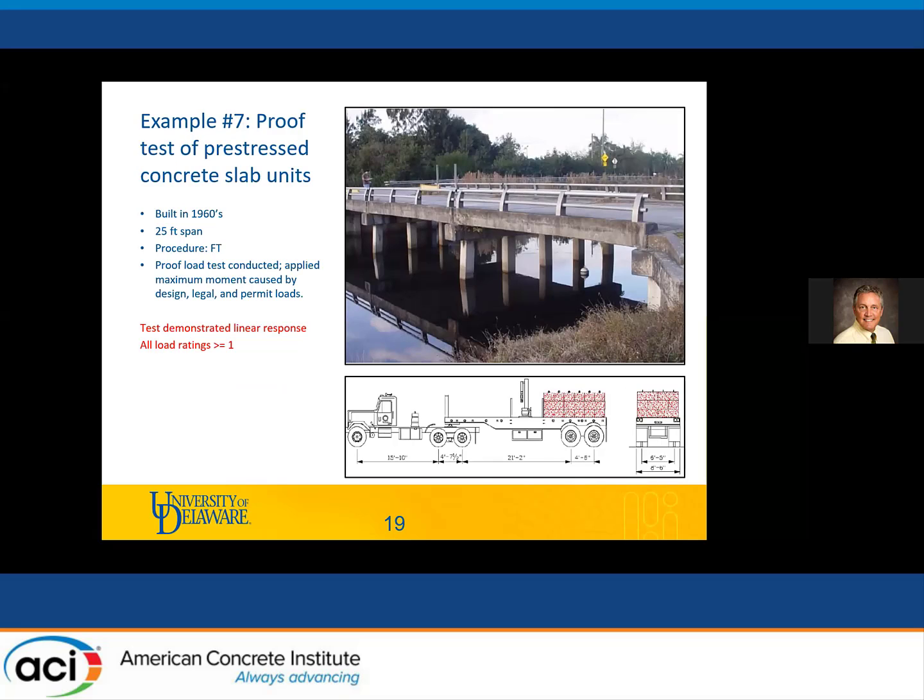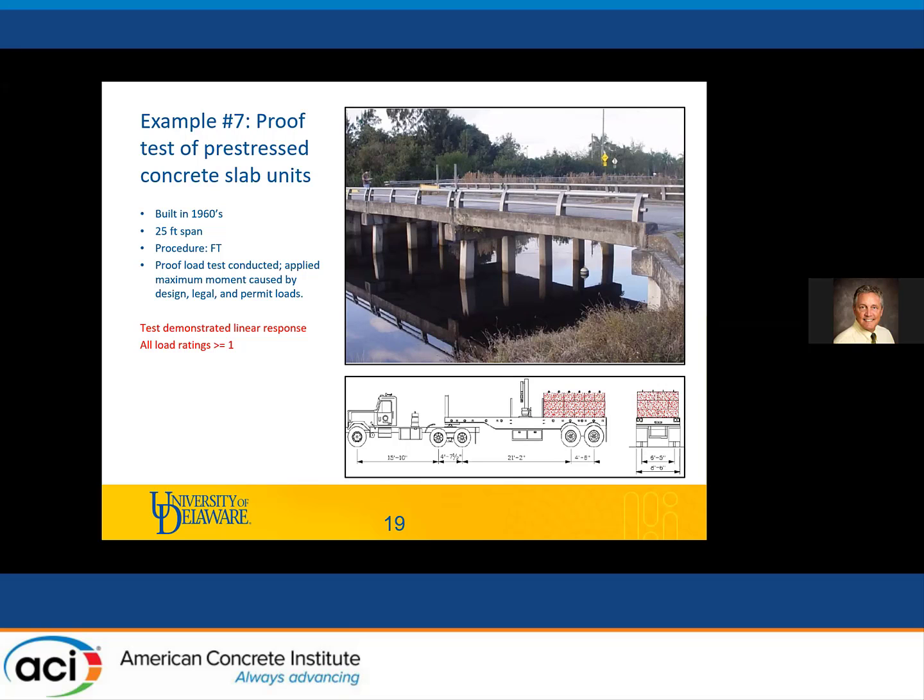And the final example is a proof test of pre-stressed concrete slab units. This is in Florida. Florida has tremendous in-house capabilities to do diagnostic and proof load testing, and they've used that for quite some time very effectively. Again, this is where the bridge was basically loaded to the maximum load that it would be expected to see for all design, legal, and permit vehicles.